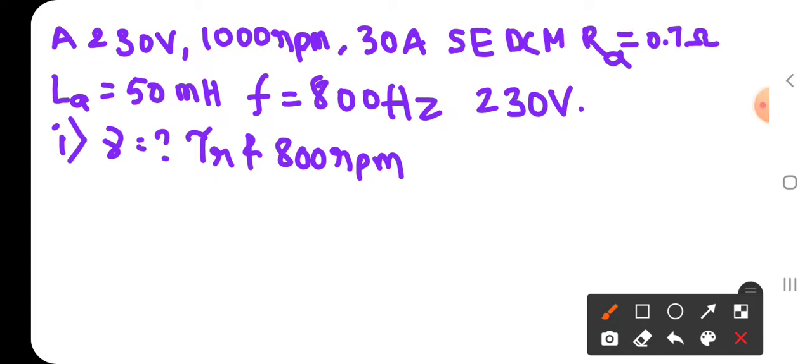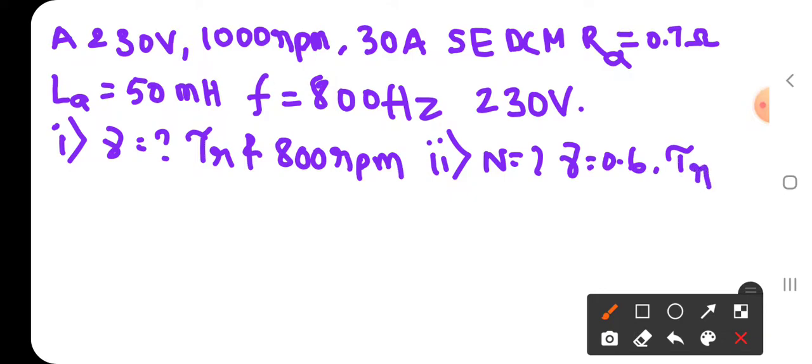Next, second one: what will be the motor speed for a duty ratio of 0.6 and rated motor torque?